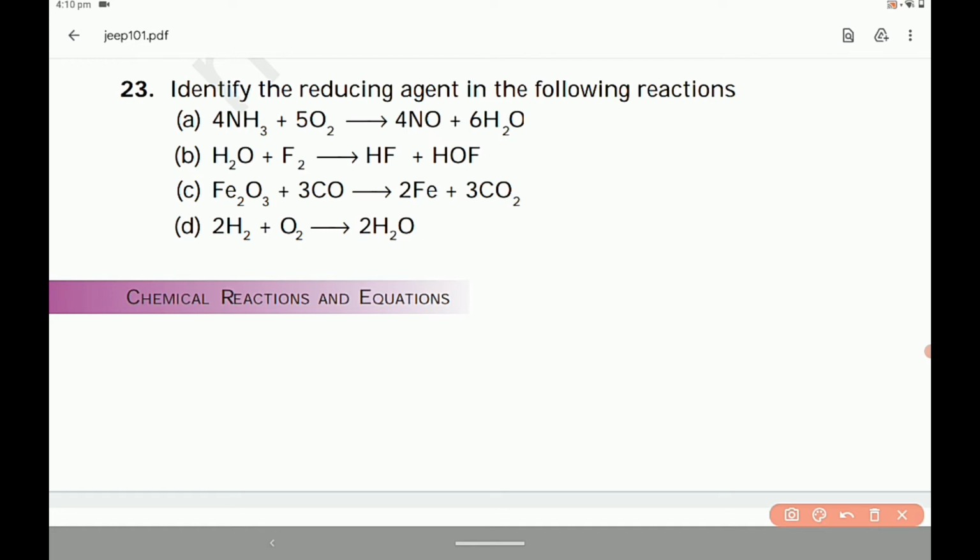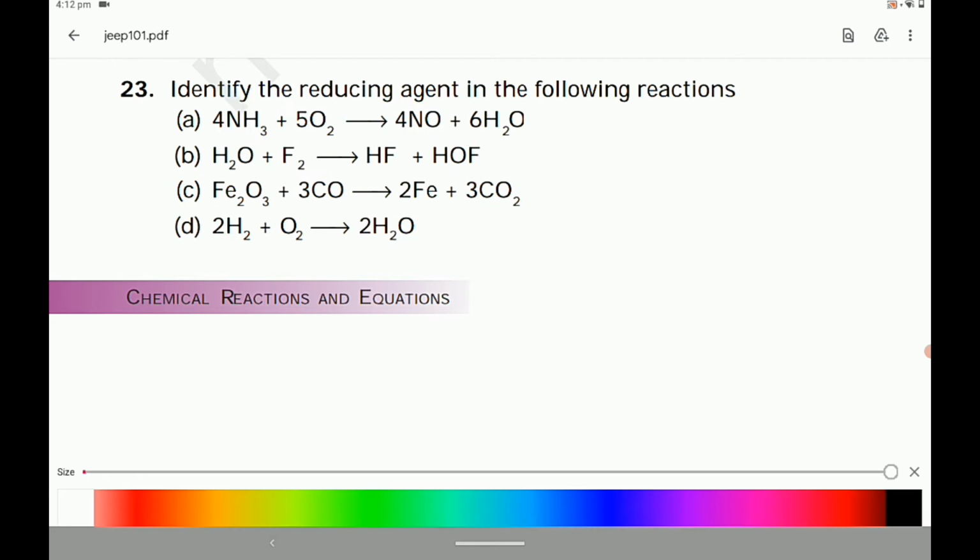Okay. H2O plus F2 gives rise to HF plus HOF. So now if we see fluorine right here, actually water, if you check over here, what is happening? It is losing hydrogen and actually it's gaining fluorine also. Check with this, it's gaining oxygen and hydrogen.